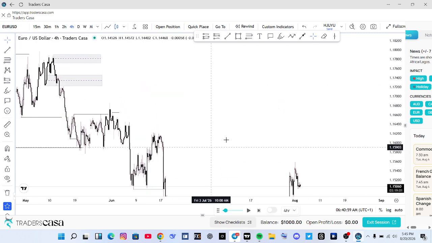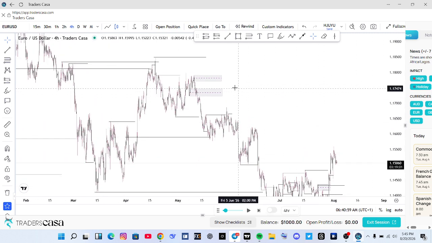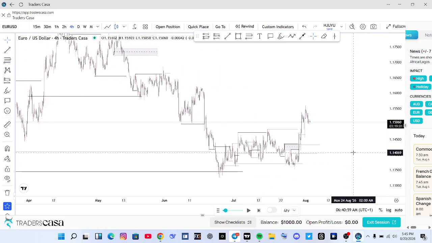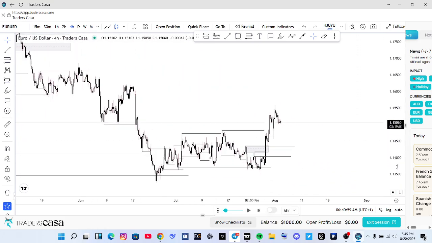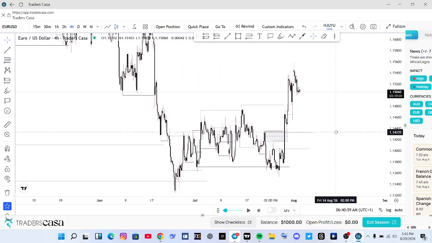So if you look at everything that we have done from up here down to this zone here, the parts where we were wrong are not up to 5, but the ones that we are right are more than 5. So just imagine that on each of those 5, you got 3 RR, or if you are risking 1%, you are making 3% on each.